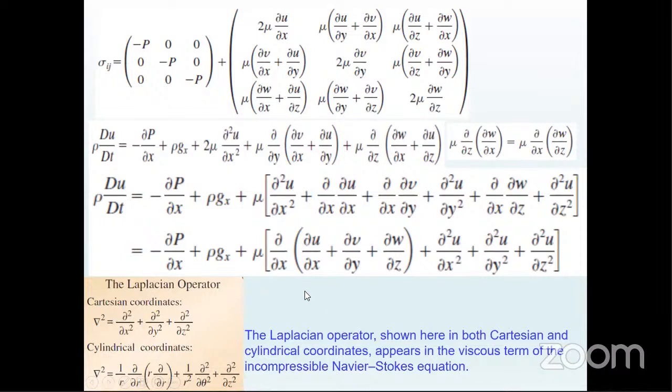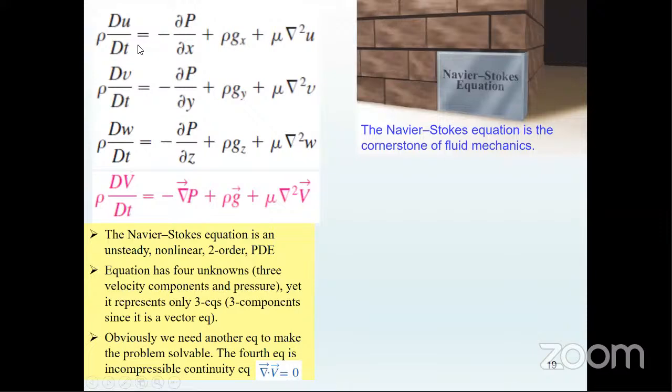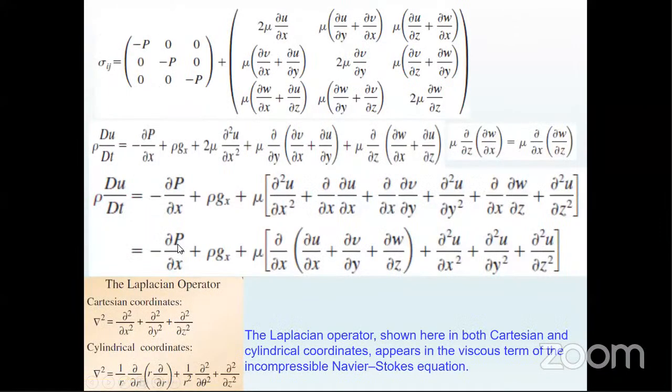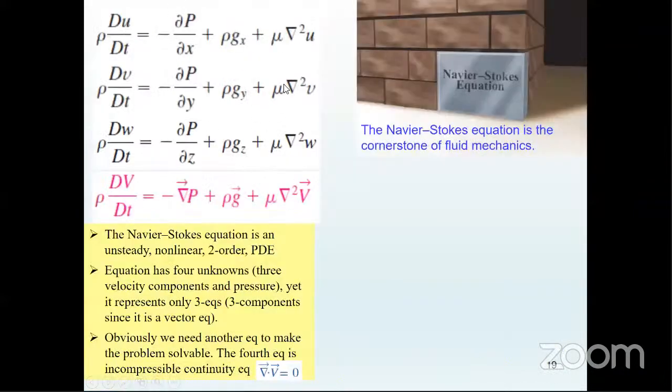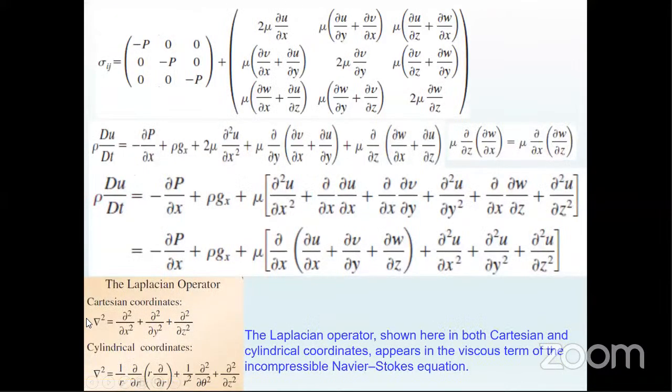The Laplacian operator is shown here for both Cartesian and cylindrical coordinates, which appears in the viscous term in the incompressible Navier-Stokes equation. Being this, the same equation can be converted into rho times du by dt equal to minus del p by del x plus rho gx plus mu times del square of u.